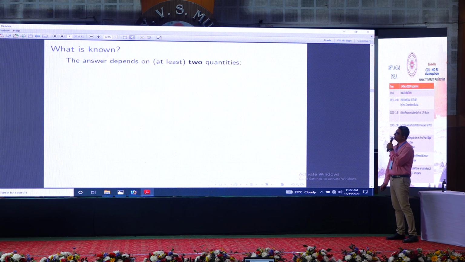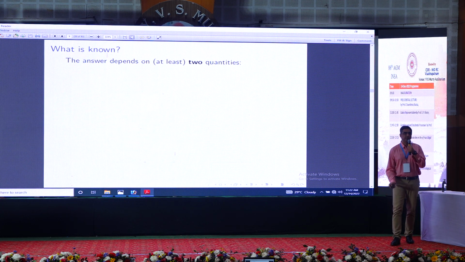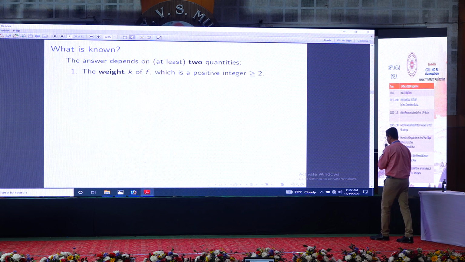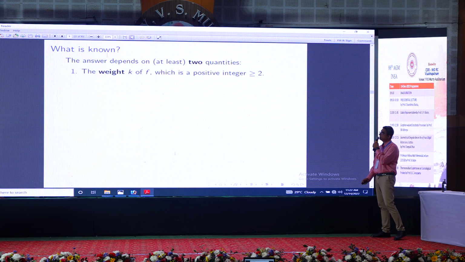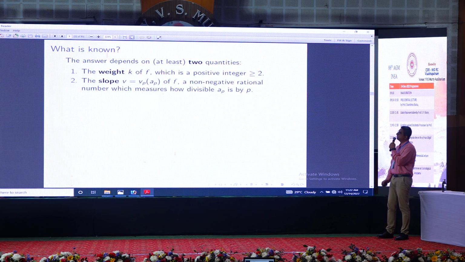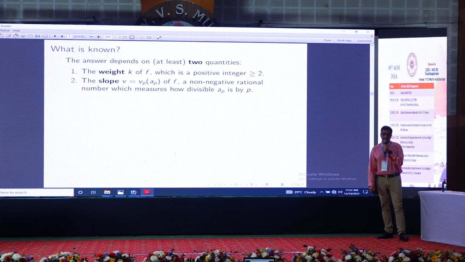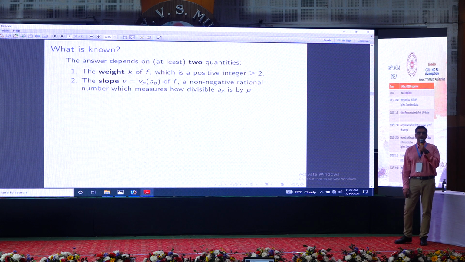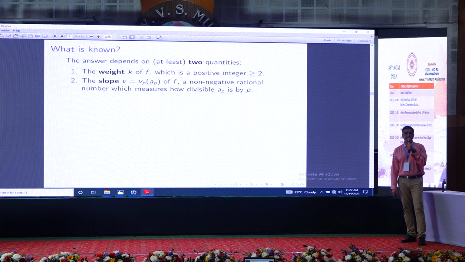Okay, so what is known? The answer seems to depend essentially on 2 quantities. One is the weight of the form, which is a positive integer greater than or equal to 2, as I've mentioned many times already. And the other is this pth Fourier coefficient, like tau of 5 was 5 times 966.